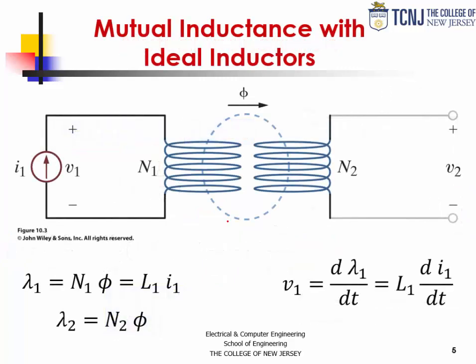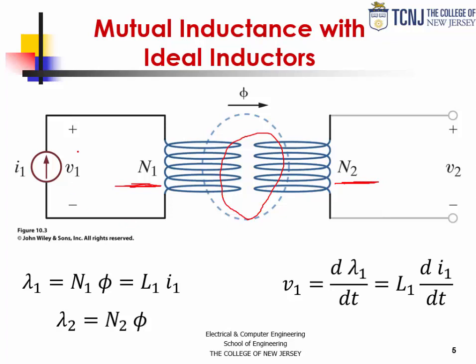Now what happens when we have two inductors and we put them side by side such that the magnetic field couples around the two windings? We're going to call this the primary winding with N1 turns, and over here on the right, the secondary winding with N2 turns.